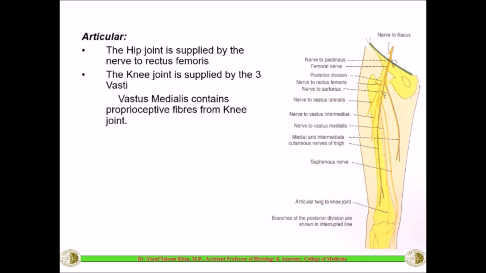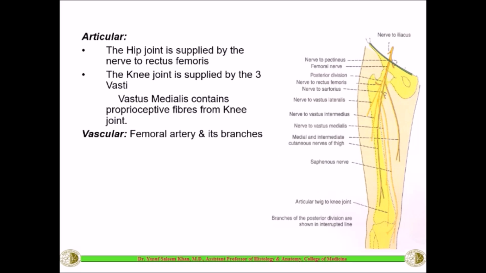And if the knee joint is already extended and the brain gives the command to extend, it cannot extend. So the brain has to know the exact position of the joint before any movement. These are called proprioceptive innervations. So the proprioceptive fibers for the knee joint are from the nerve to the vastus medialis.